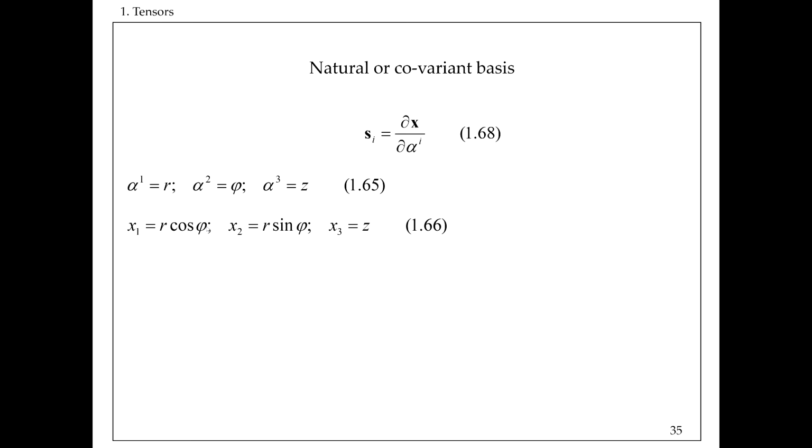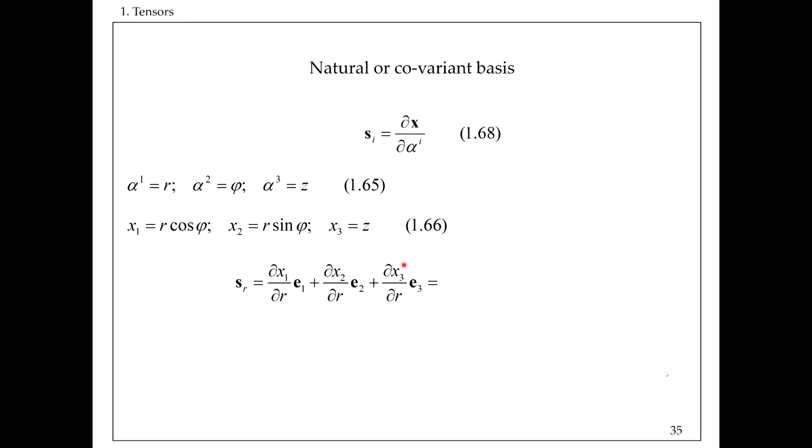According to 168, we just take each of these coordinates, because this is again a vector. Each component of this we take the derivative with respect to r: dx1 with respect to r, dx2 with respect to r, and dx3 with respect to r.